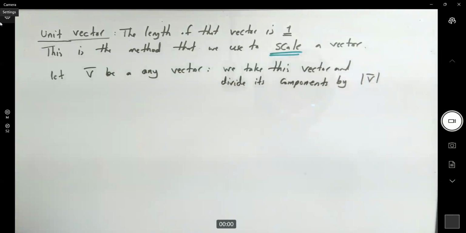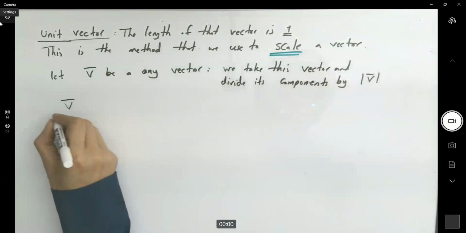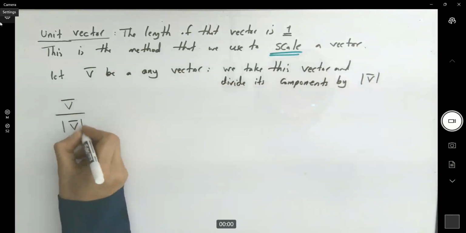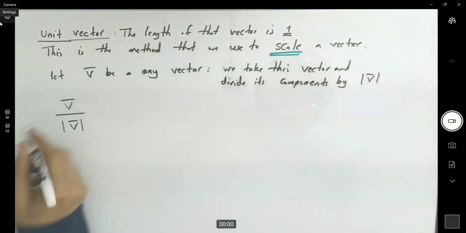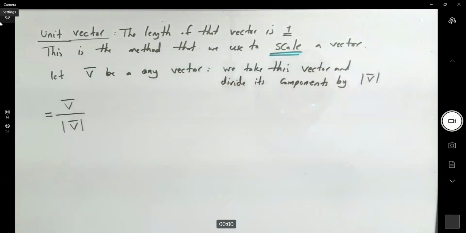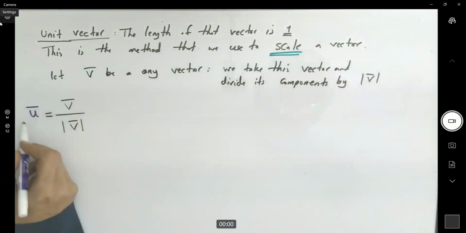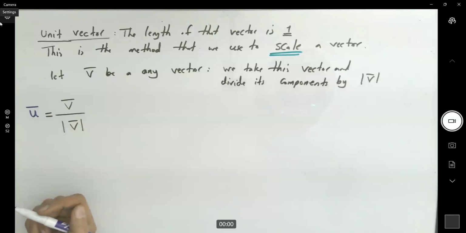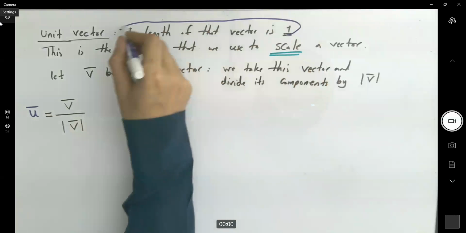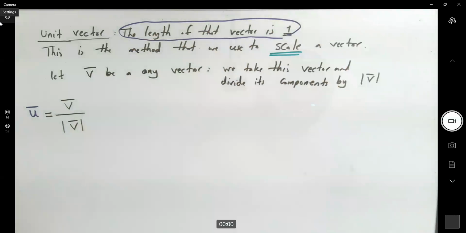So this is my vector V, divided by the length of vector V, and since it's a unit vector, I'm going to represent it by U. Usually we use U when we are referring to a unit vector, the vector with length 1.